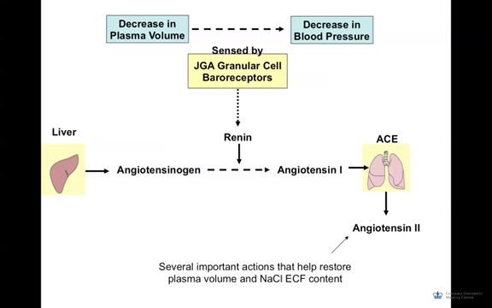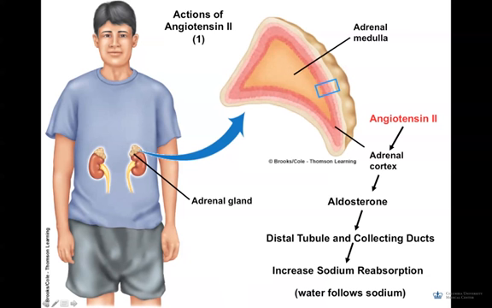So what are the actions of angiotensin 2? What are the actions of angiotensin 2 that are going to increase blood pressure, increase plasma volume? Number 1, angiotensin 2 acts on the adrenal cortex, and it stimulates the production of the mineralocorticoid aldosterone.